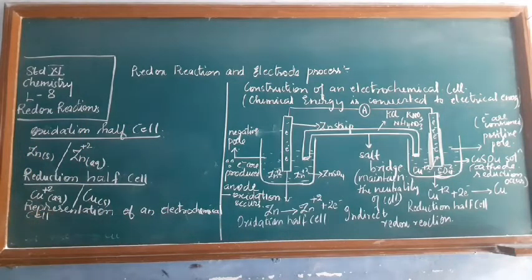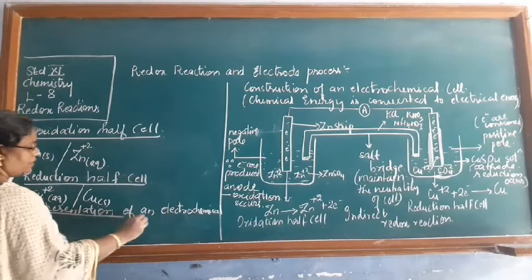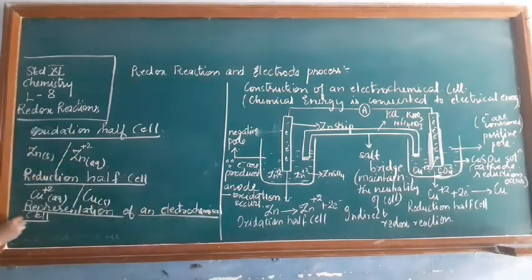How do you represent it? See, you will always write the anode first, that is the negative pole or where the oxidation is occurring, that you will always write to the left, and where the reduction is occurring, that you will always write towards the right. That is the conventional way of writing the cell.